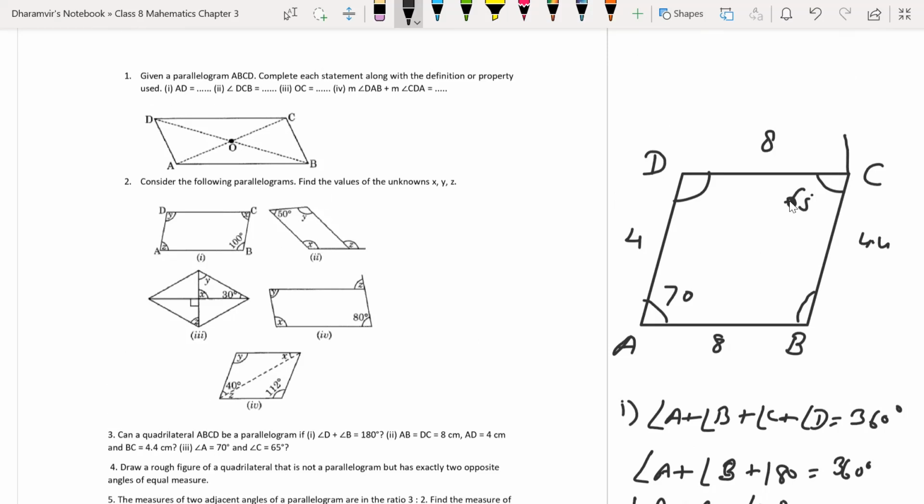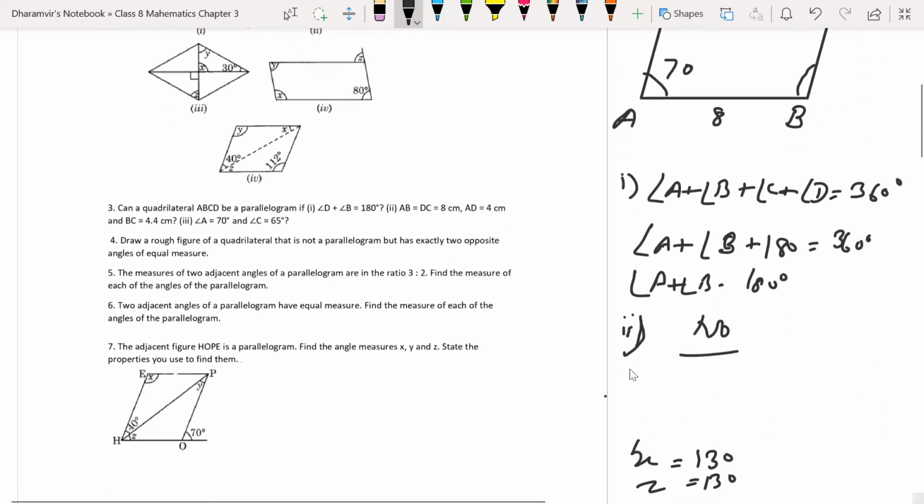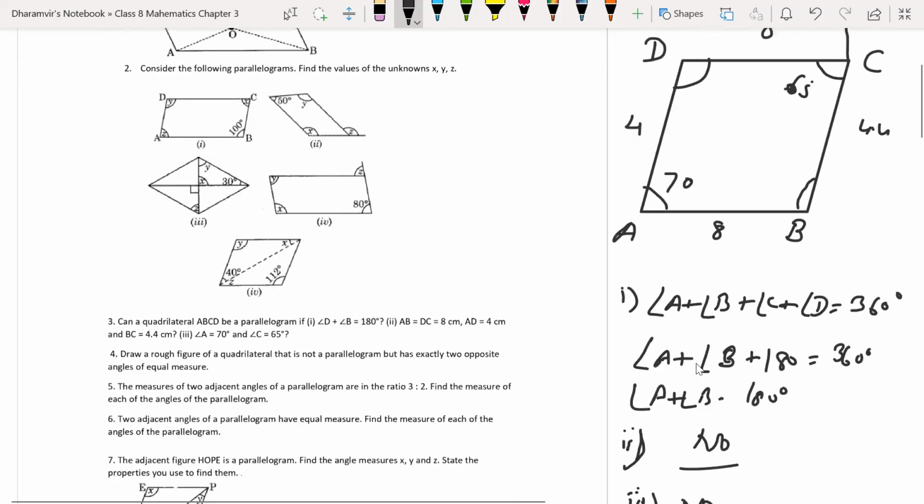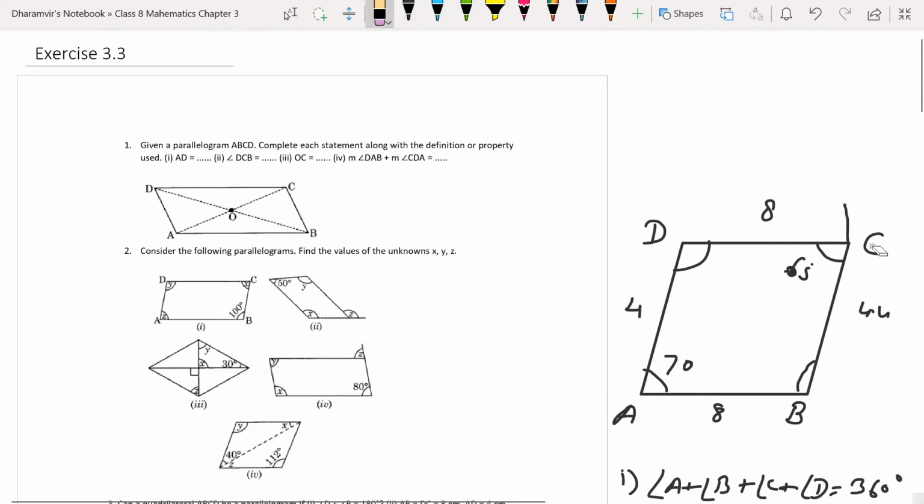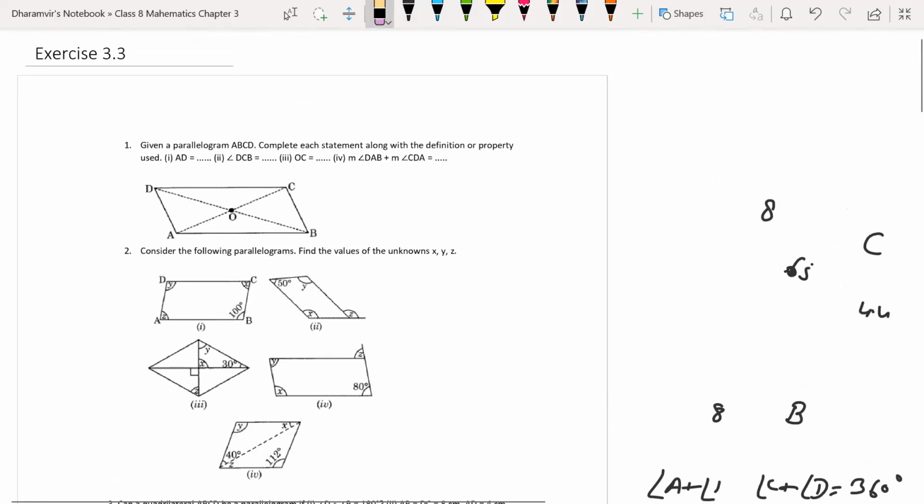Is this quadrilateral a parallelogram? No, because a parallelogram property is that in a quadrilateral, the opposite angles or the opposite sides must be equal, but these angles are not equal. Hence, we can say that this is not a parallelogram. No. Okay. So this is the solution for question 3.